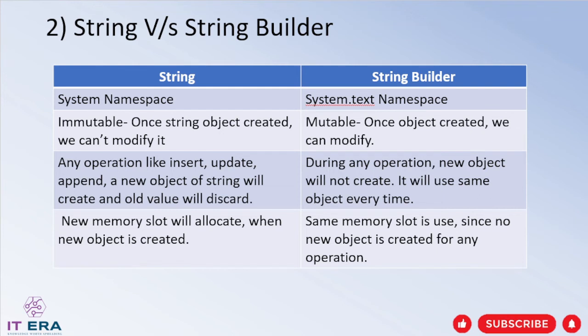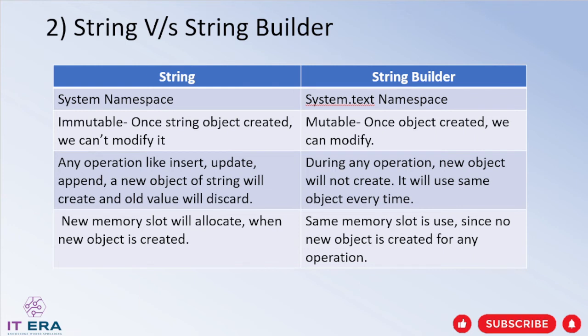In string, when we perform any operation like insert, update, append, a new object of a string will be created every time and the old object will be discarded. Whereas in a string builder, during any operation, a new object will not be created, it will use the same object every time. In a string, as every time it creates a new object, a new memory slot will get allocated.